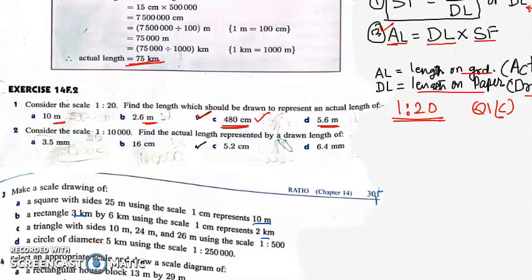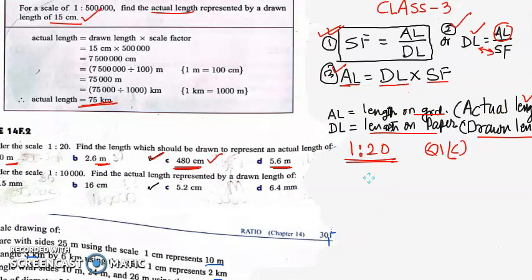So what do you do? 480 centimeter is the actual length for which you have to find the drawn length. So we have the formula, drawn length is equal to actual length by scale factor, and actual length is given 480.